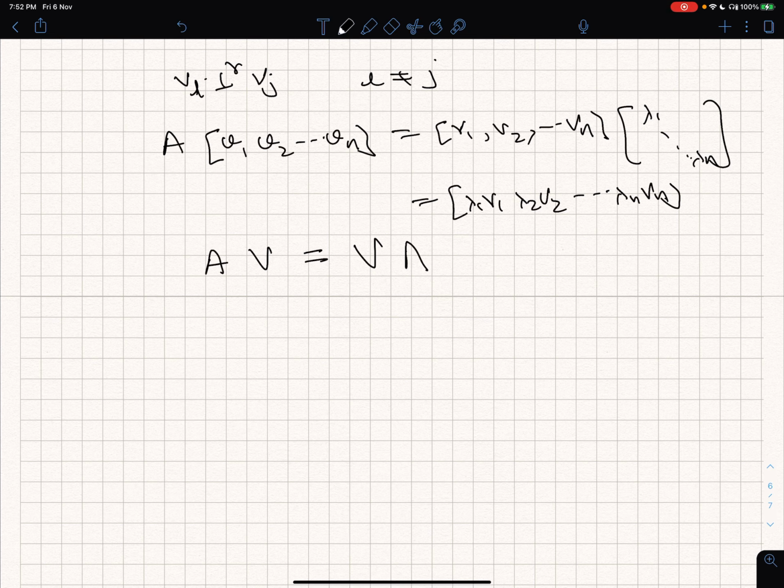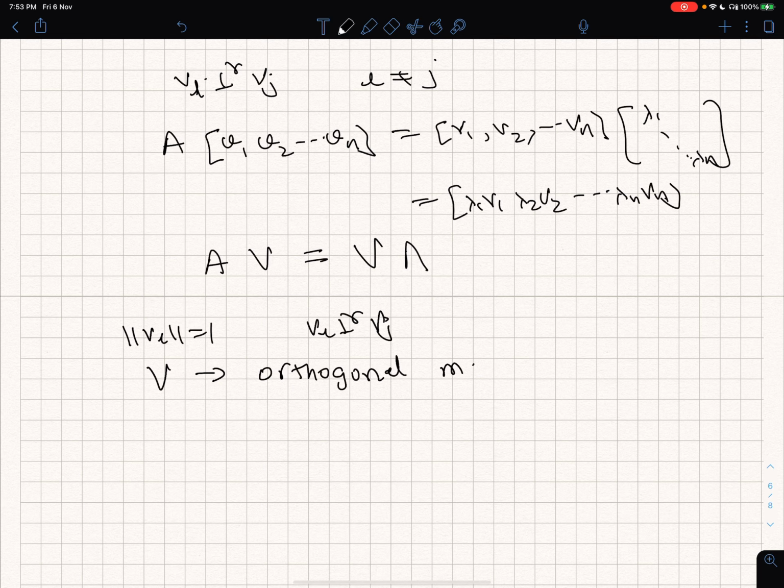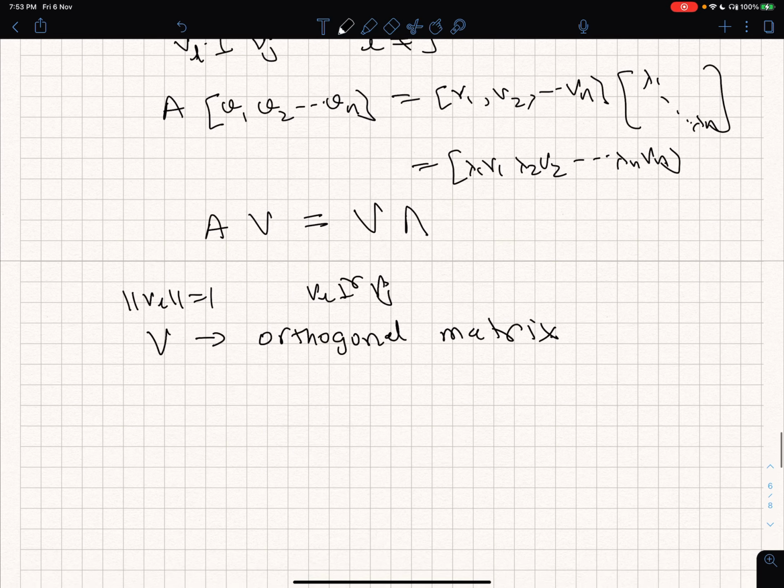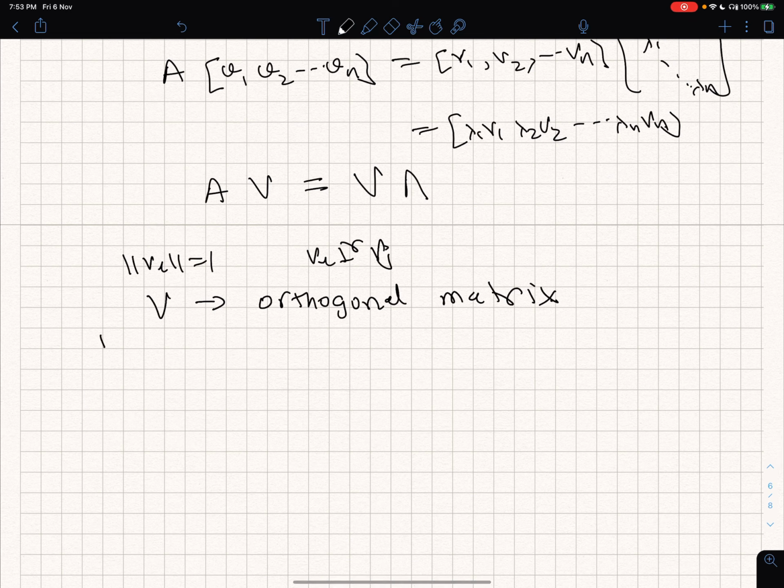Now, by my convention, the length of each of these vi vectors is 1, and vi is perpendicular to vj. So therefore, V is an orthogonal matrix.